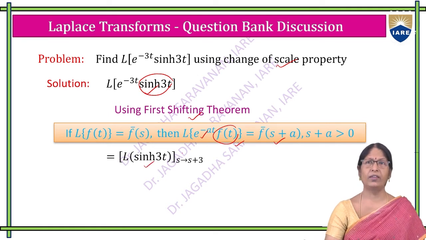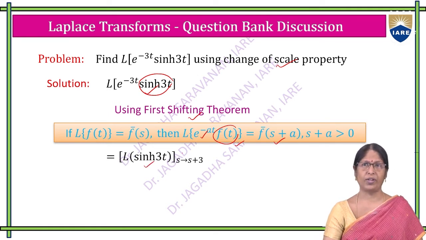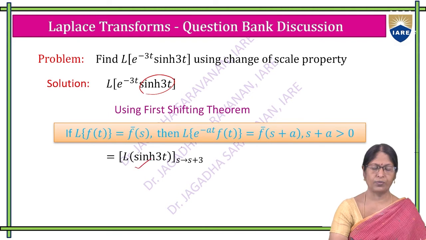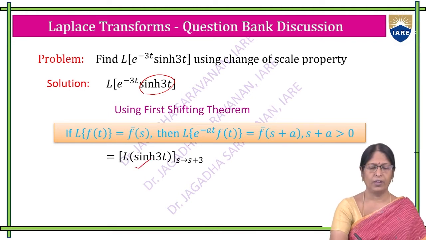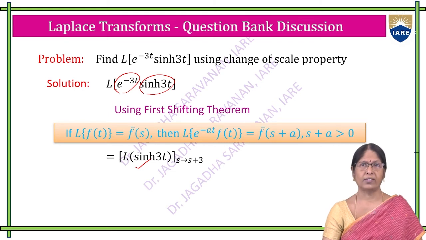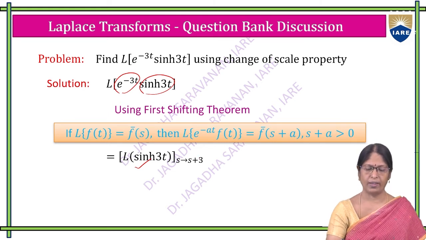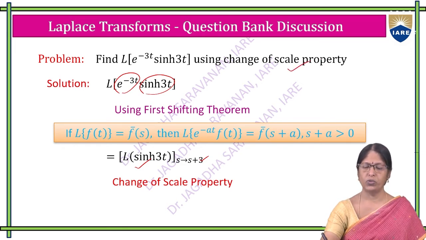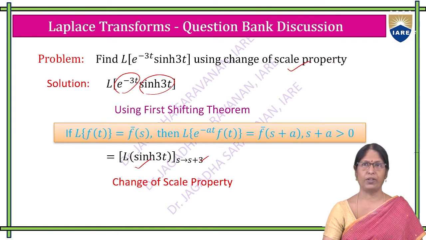Now we can see here L of sinh 3t. Here e power minus 3t is there, that is s which is replaced by s plus 3. Strictly in the question which is given, use change of scale property.